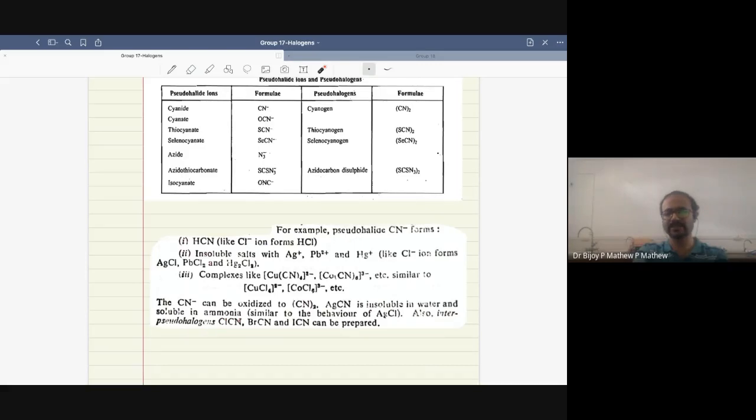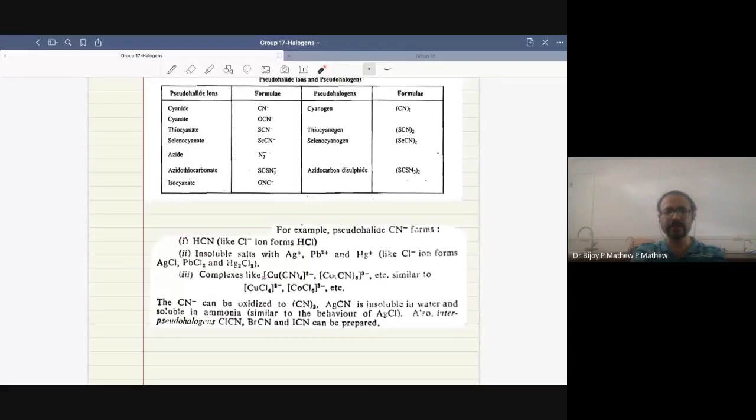So we have ClCN, BrCN, and ICN, which can be formed. It is similar to halogens reacting with each other to form the corresponding interhalogen compounds.